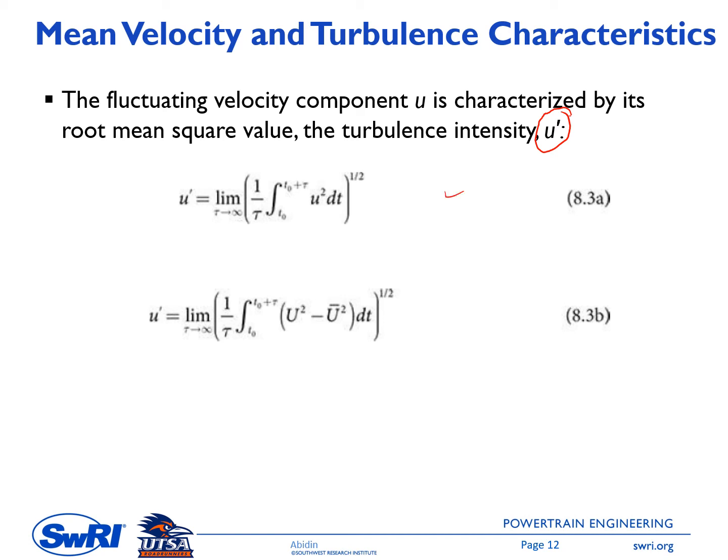This is a function of u, the fluctuating velocity. If we substitute U with the equation from the previous slide, where U equals U mean plus u, you will get equation 8.3b.